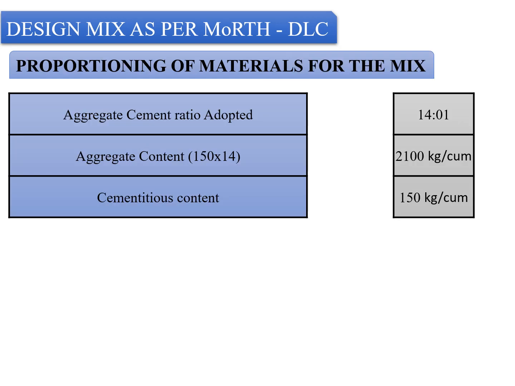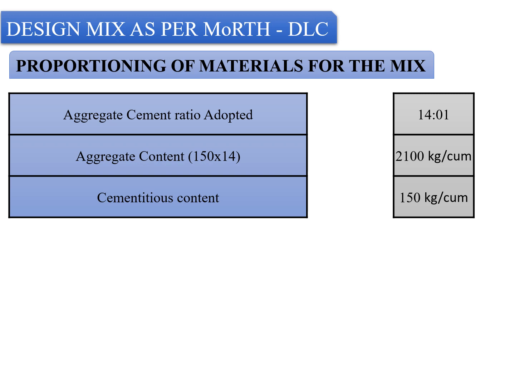Now, in order to proportion the materials to be used in producing the DLC mix, the aggregate cement ratio plays a major role. In this particular case, we have taken the aggregate cement ratio as 14:1, and we know that the cement content is 150 kgs per cubic meter. So the total aggregate quantity required in the mix is the cement quantity multiplied by the ratio 14, which is 150 into 14, working out to 2100 kgs per cubic meter.